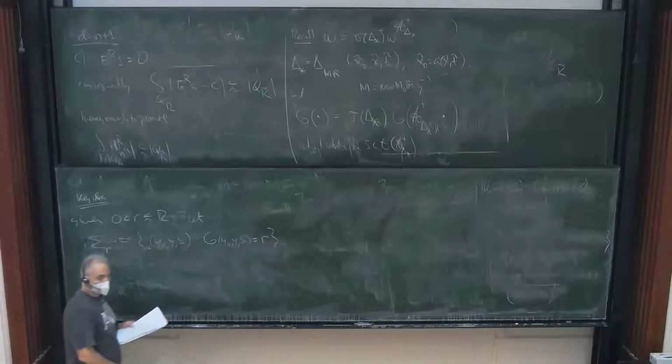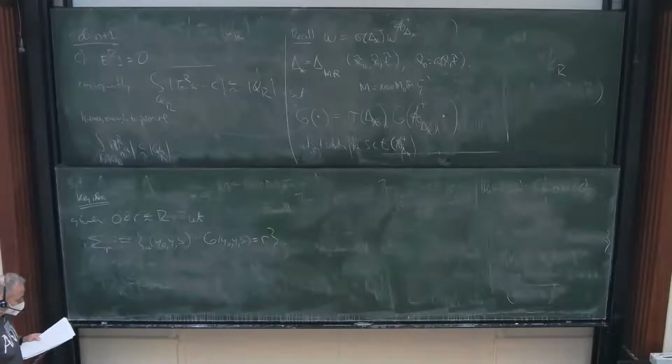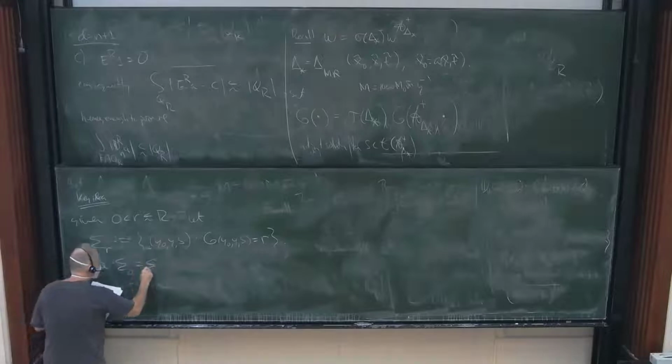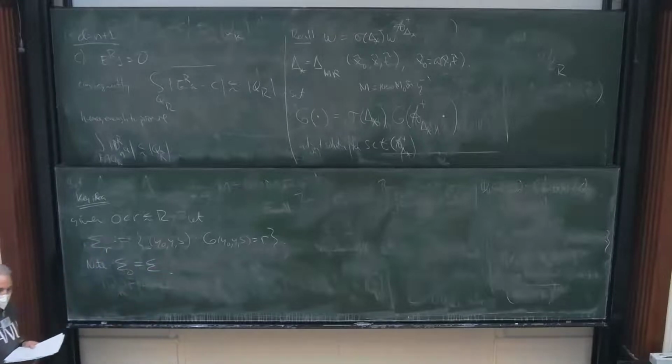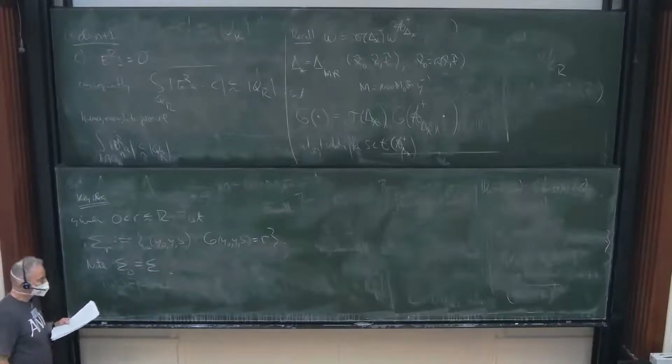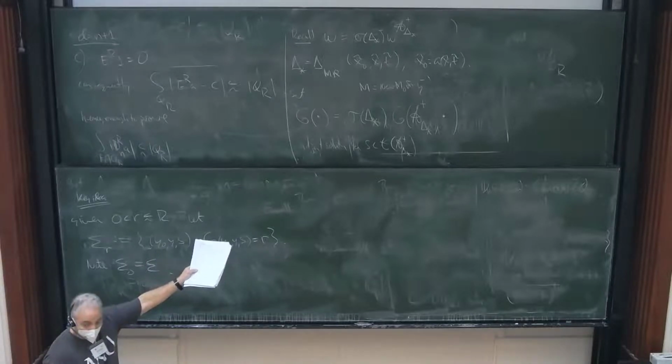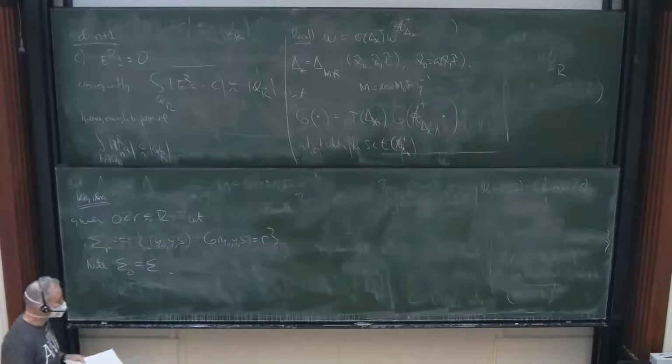The level set at height R. So of course note that sigma naught is the original boundary, or really the original boundary where the time coordinates are less than the time coordinate of the corkscrew point.